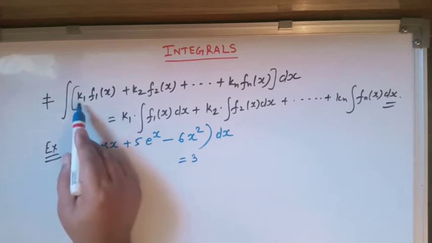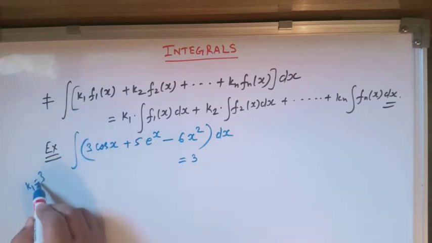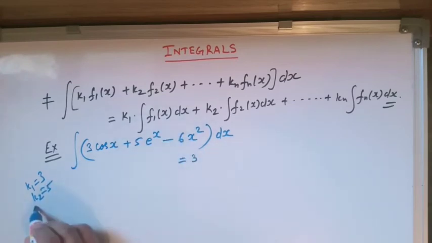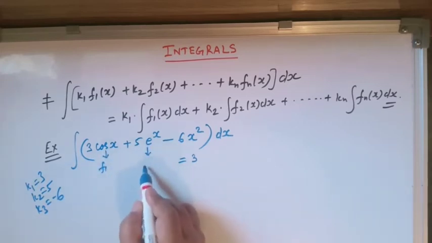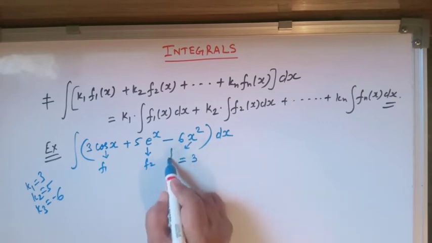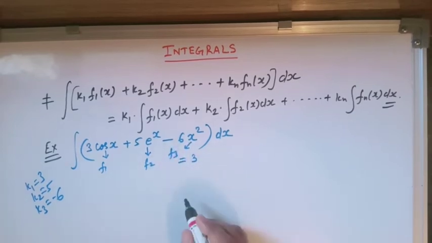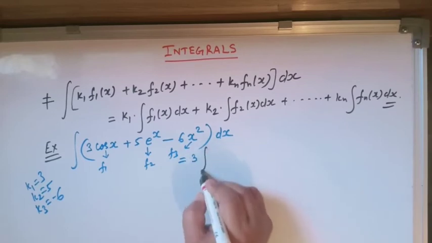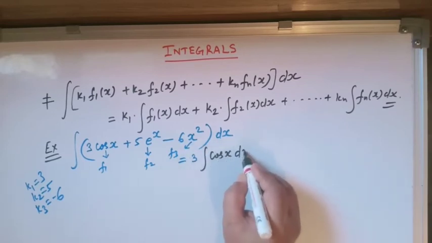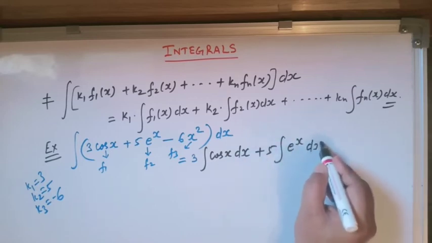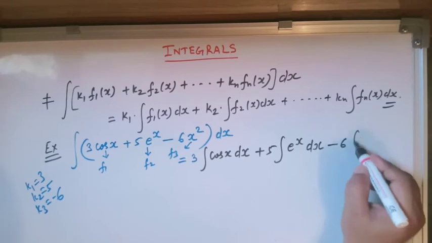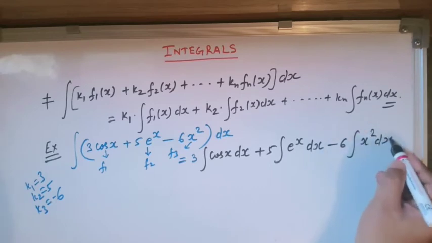Here k1 is 3, k2 is 5, and k3 is minus 6. This is f1, this is f2, and this is f3. And this can be written as 3 times the integral of cos x dx, plus 5 times the integral of e raised to x dx, and minus 6 times the integral of x square dx. Clear?